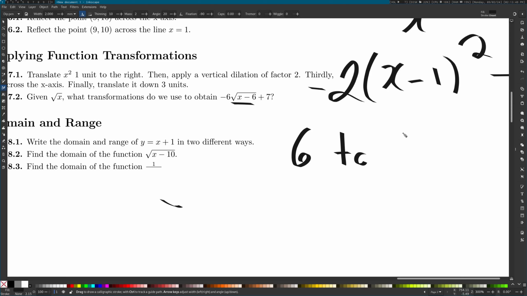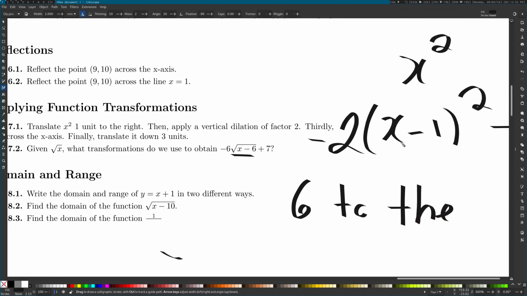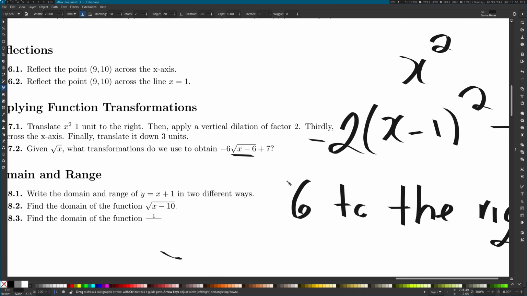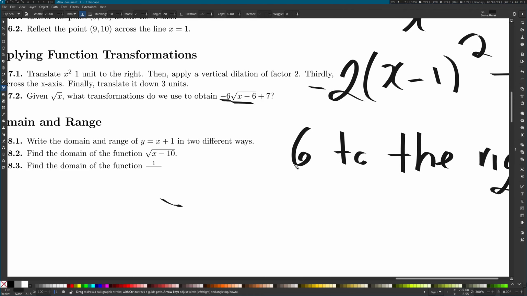Yes, this is 6 to the right for our first step. Okay, and what about this -6? What does that mean? Reflection. Yep, that's a reflection because of the negative. And what else? Vertical stretch by a factor of 6.